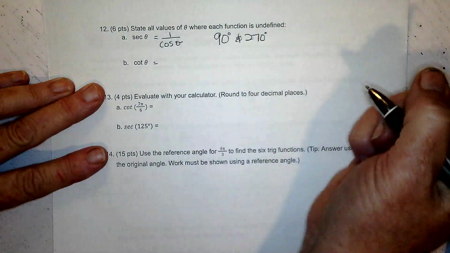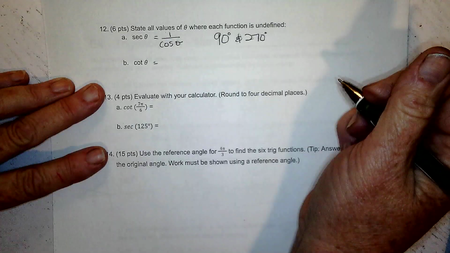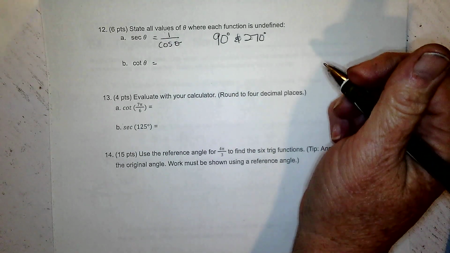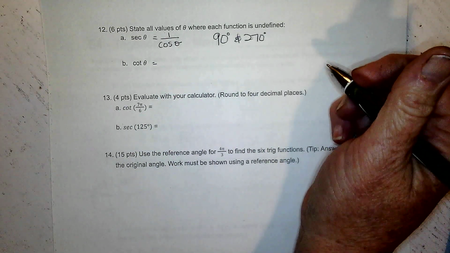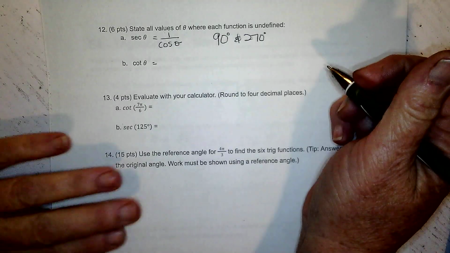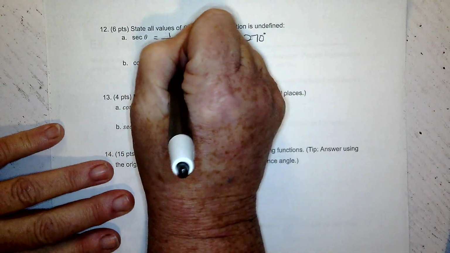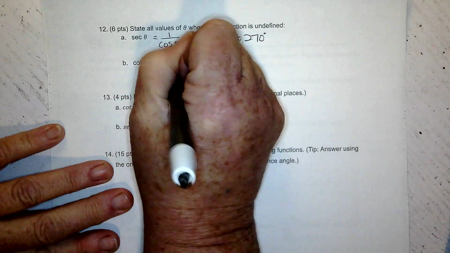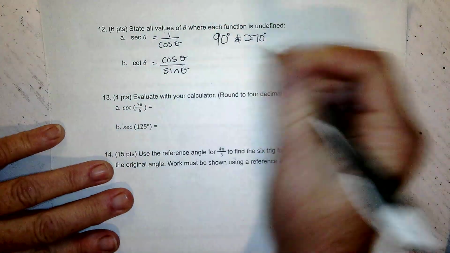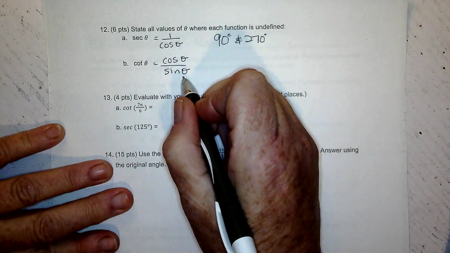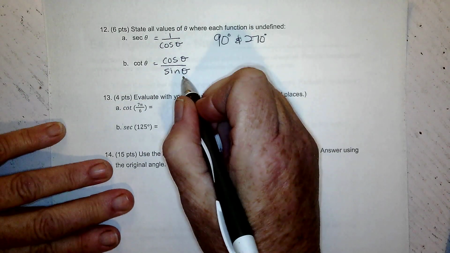Cotangent is going to be the same. Let me see how I explain this on here. Oh, there we go. Cotangent is going to be cosine over sine. All right, cosine of theta over sine of theta. So I need to know where my sine is 0 to make this undefined.